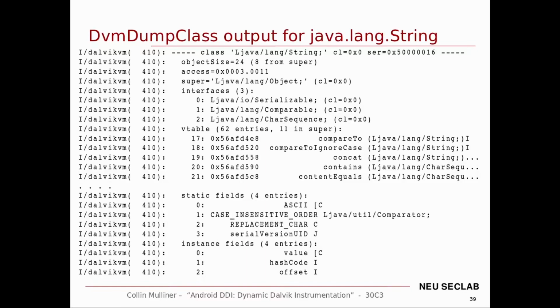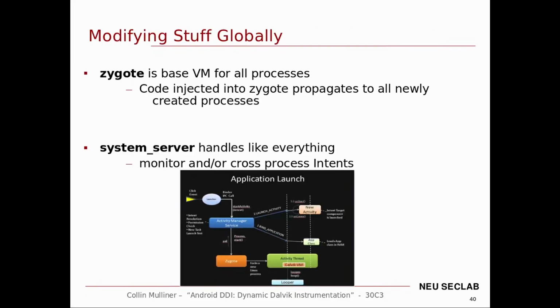You can see all the different methods. Of course, I retracted something just because the slide is very big. So you can very easily look inside how the classes look. And from this, you can very easily copy paste the parameter list or the signature into your instrumentation code.